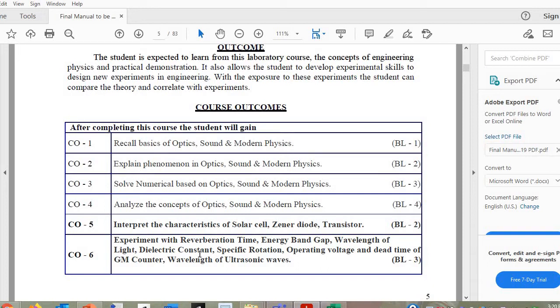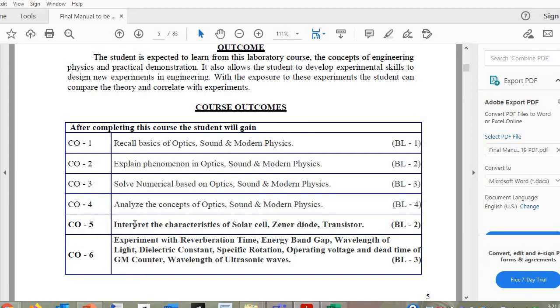Okay, whenever you perform any practical, you will gain either CO5 or CO6 depending on which practical you are performing. Like if I say today you have to perform the Zener diode related practical, then which CO will be achieved? If you perform the Zener diode characteristics practical, which outcome will be fulfilled?